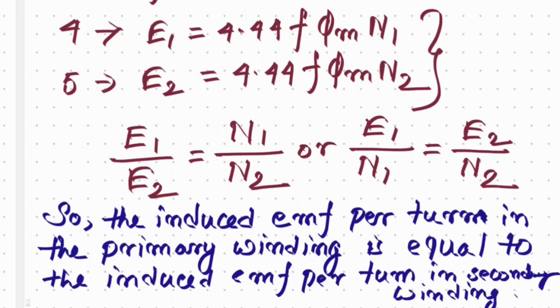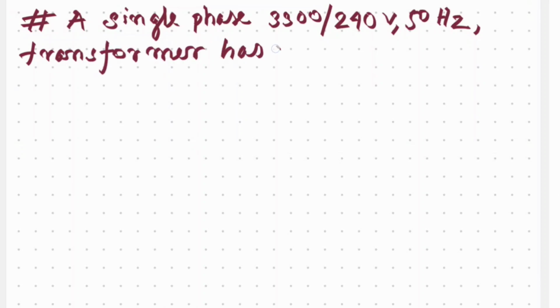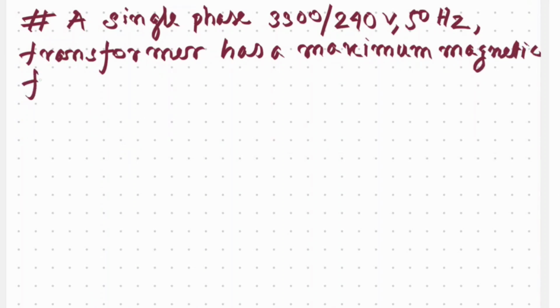Now we'll see one example where these formulas are applicable in the transformer. Take an example: a single phase 3300 by 240 volt 50 hertz transformer has a maximum magnetic flux of 0.0315 Weber in the core.